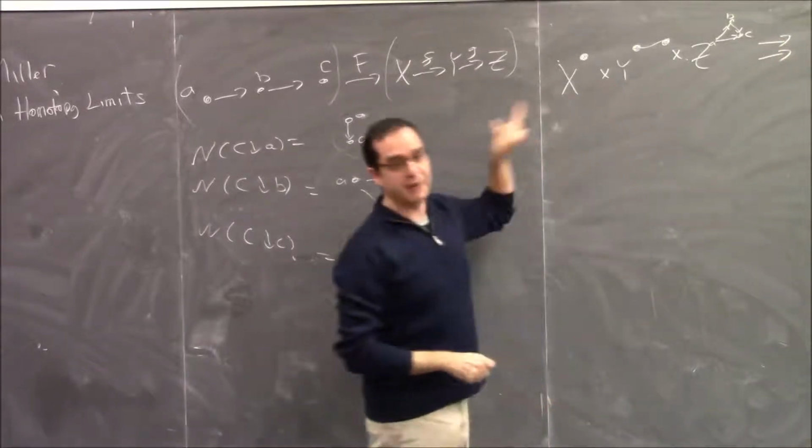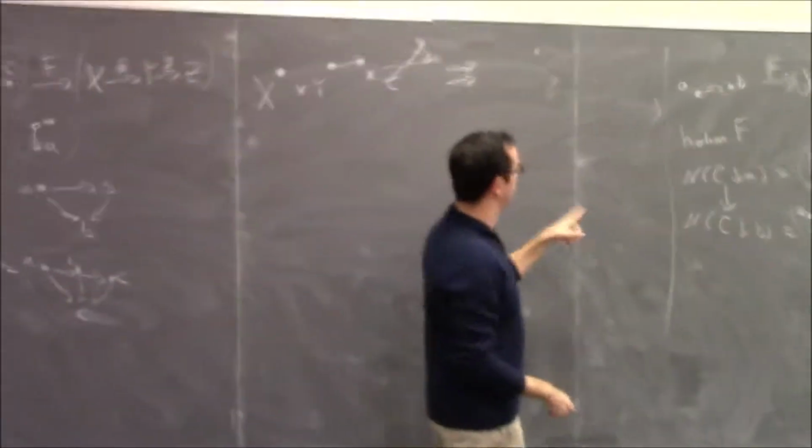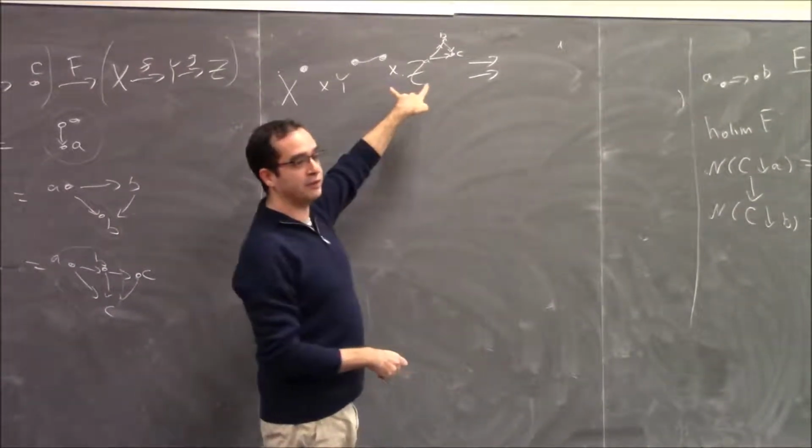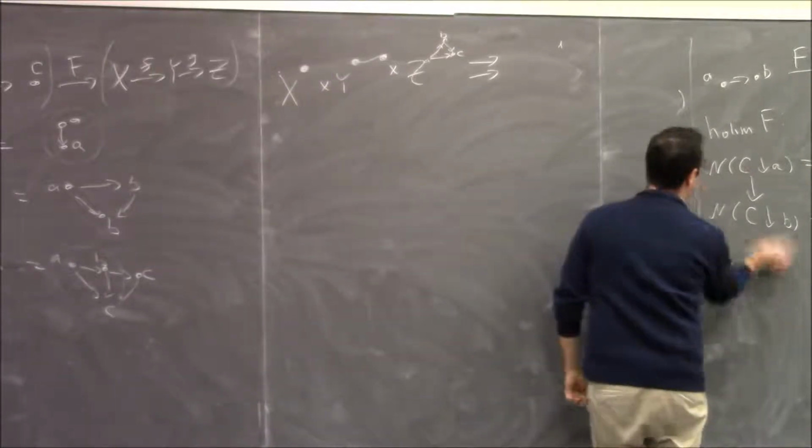Okay, so again, we want to look at our product indexed over objects, and then we're going to map the product indexed over maps.